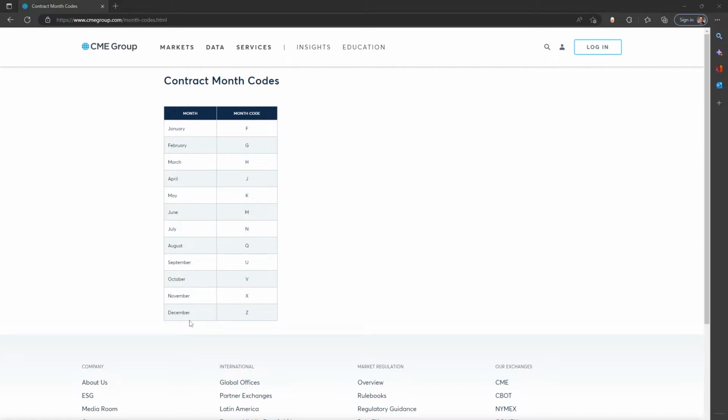So switching from December 2022 for natural gas to January 2023 is going to be primarily volume based for traders. Across the board, regardless of what futures contract you're trading, you always want to be cognizant of that daily volume and what the most active contract is, because as traders, we want to be trading that most liquid instrument.